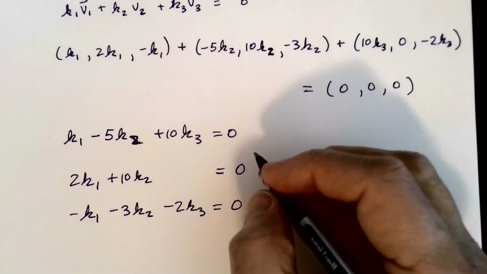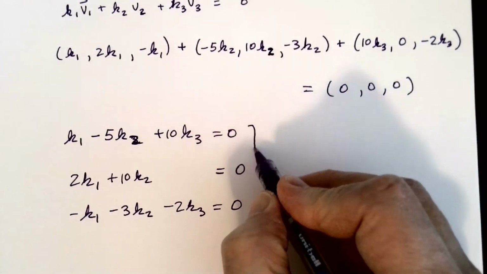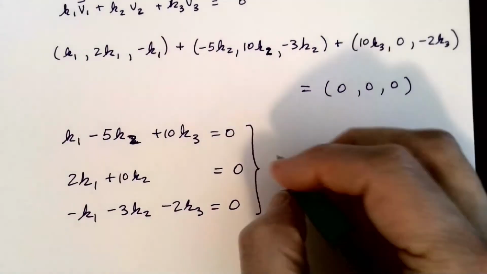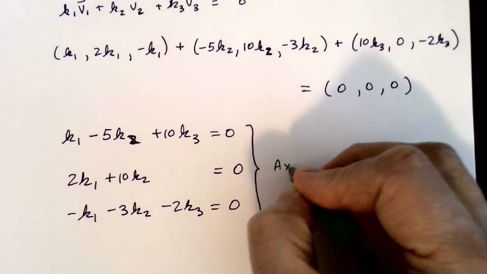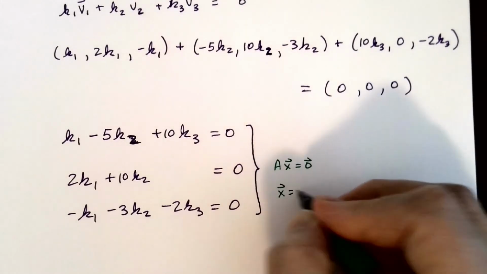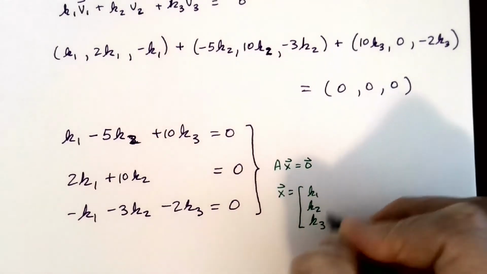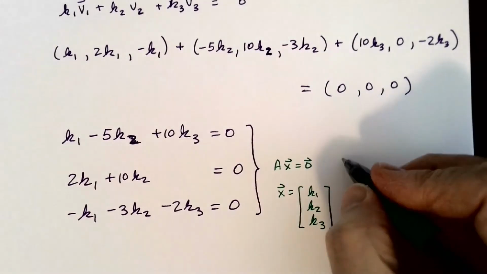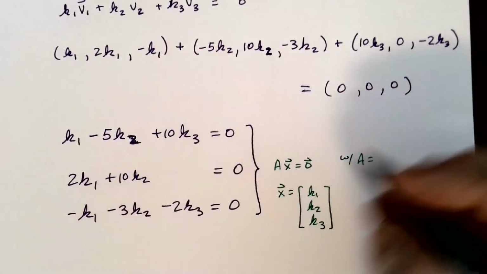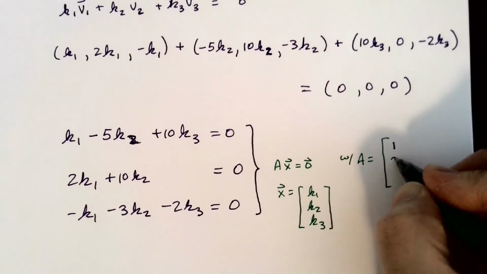Certainly I could solve this system, but let me first say, I can write this as the system AX equals 0, where X is the unknowns, and the unknowns in this case are K1, K2, and K3, with A equal to the coefficient matrix. Do you see the coefficient matrix from this? 1, 2, negative 1.